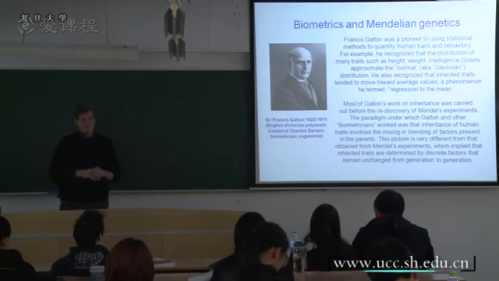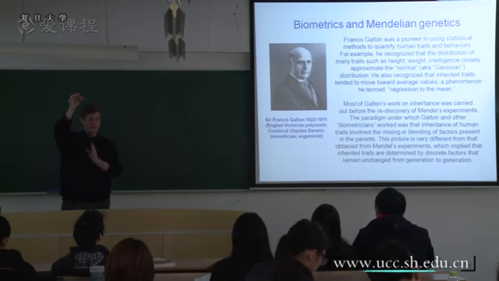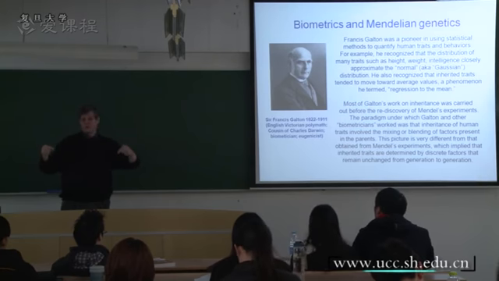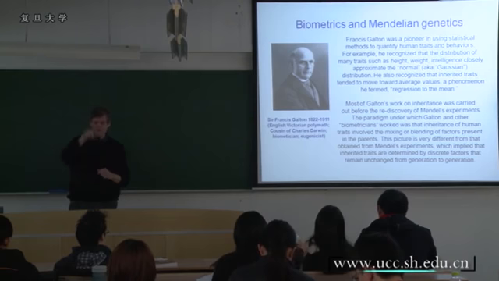If you're looking at something like height, and you measure height in the population, you'll find that there's an average or mean height that's most commonly found. Less commonly you find people taller or shorter than that mean height. And if you plot every time you find a certain height, for everyone in the population, you tend to get this bell-shaped curve.